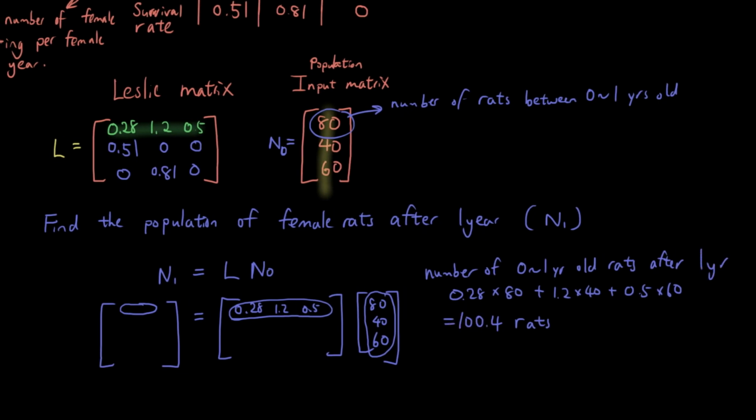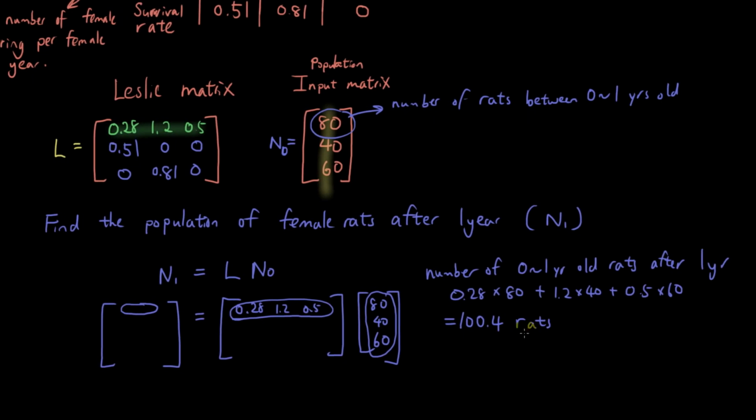Okay, so how does that work? Well, firstly let's write the 100.4 in the result matrix. If you have a look, these are the birth rates. The 0.28, 1.2, 0.5, these are the birth rates of each of these age groups.